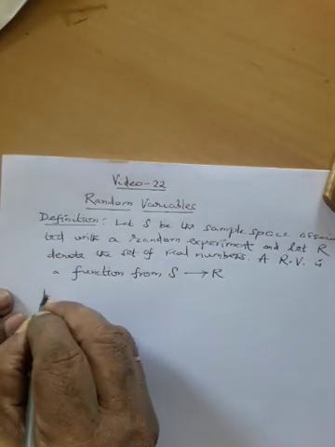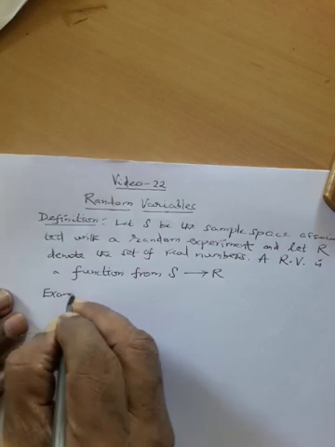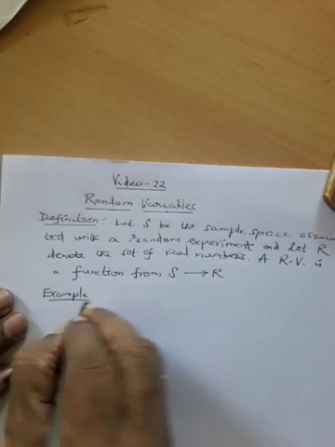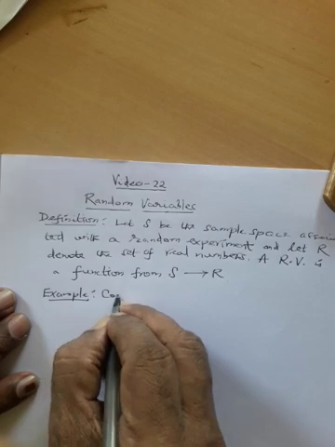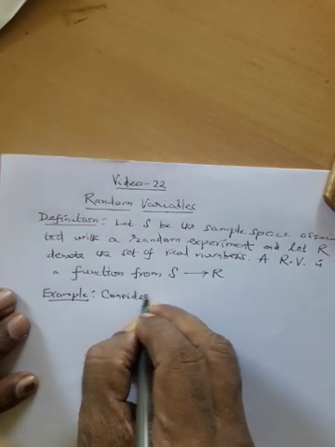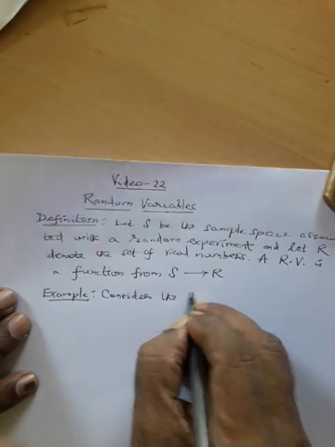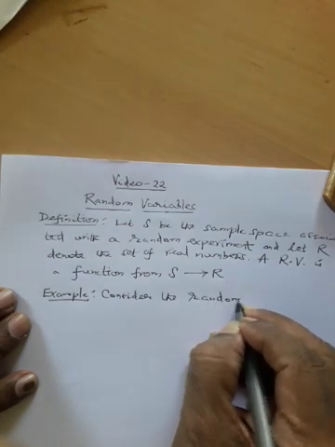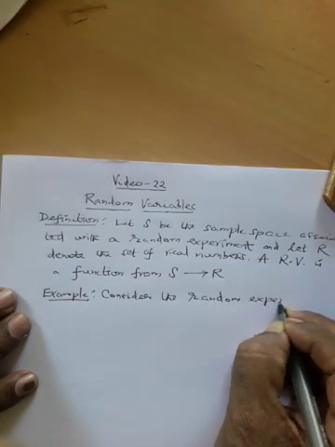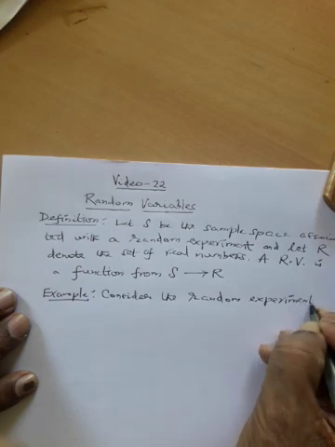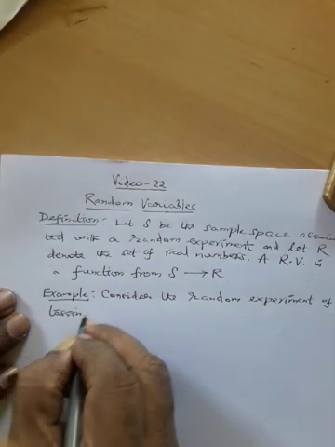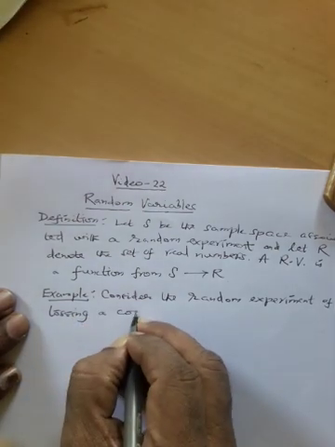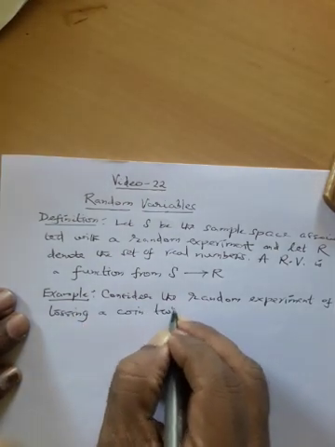Now let us see by an example what a random variable is. Example: consider the random experiment of tossing a coin twice.